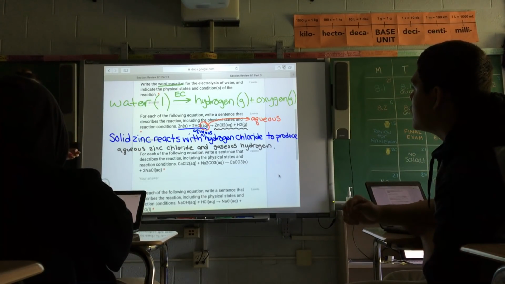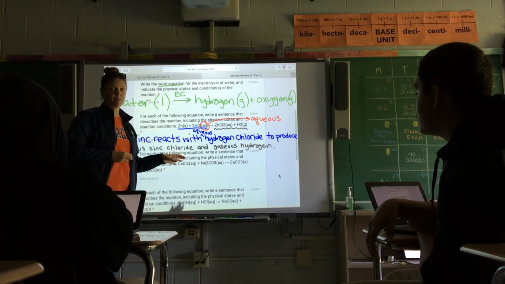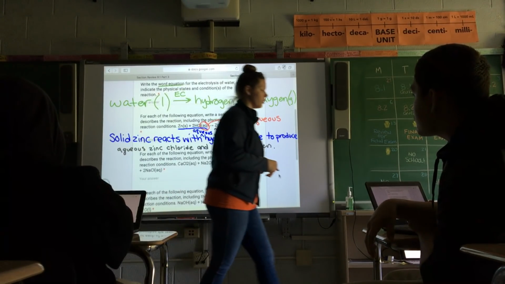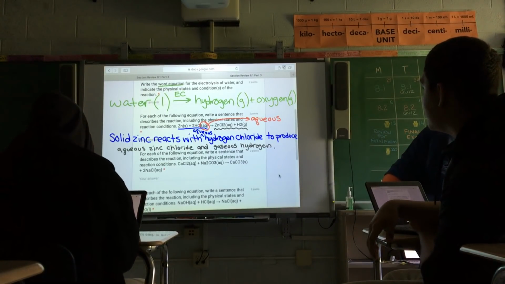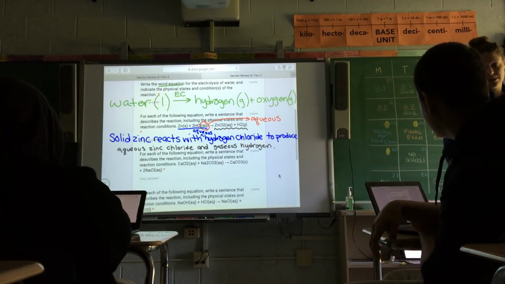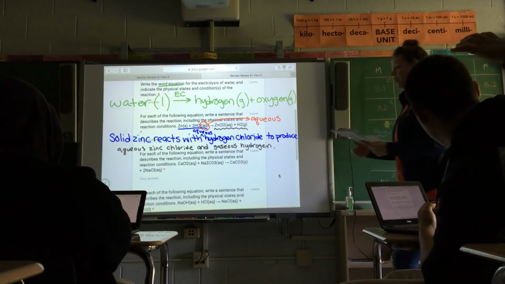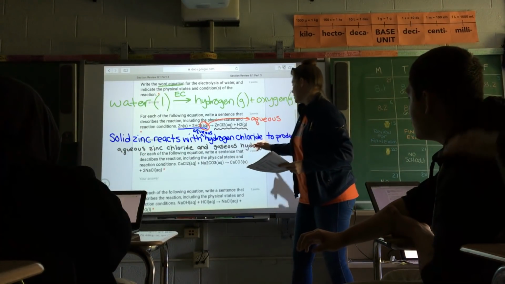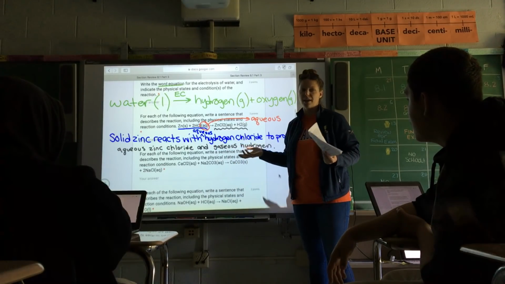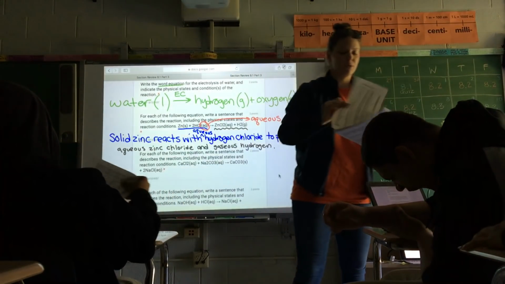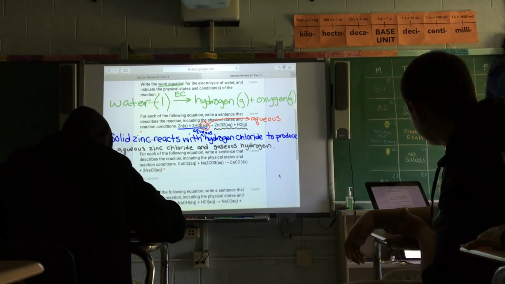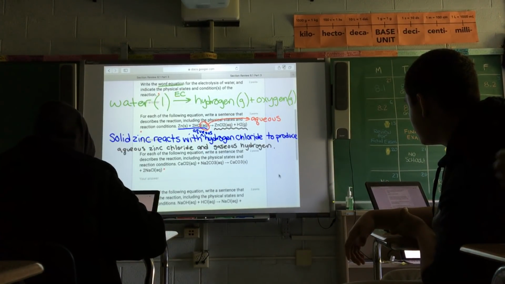It might be tough to figure out names at some points, but I do have copies of our periodic tables up here. My question is basically, the state of matter, you just put it in front of it? Yes. Or in this case, like I said, you could write hydrogen gas. Either works. Here are your periodic tables. On the back of the periodic tables are polyatomic ions that might come in handy.